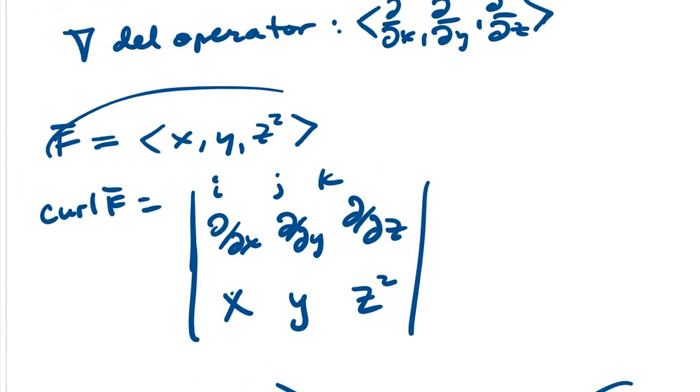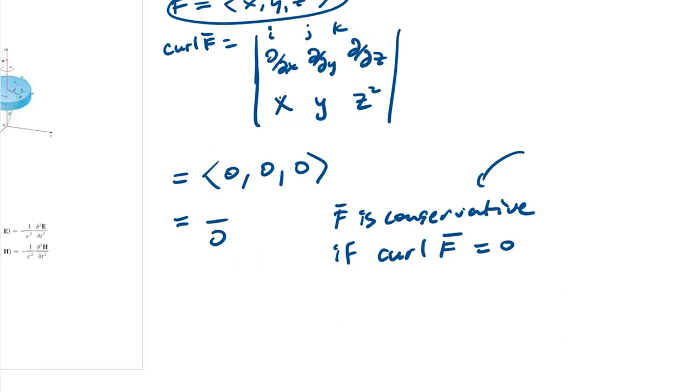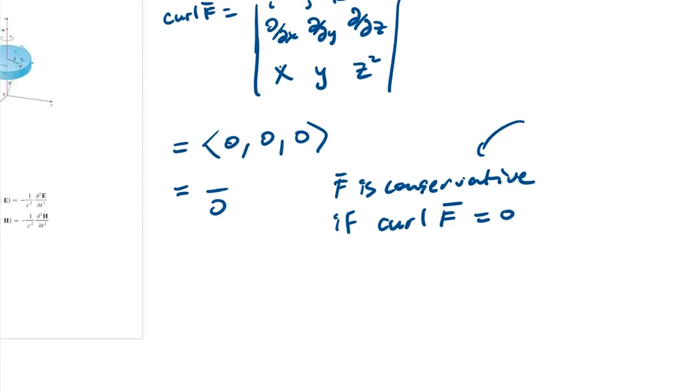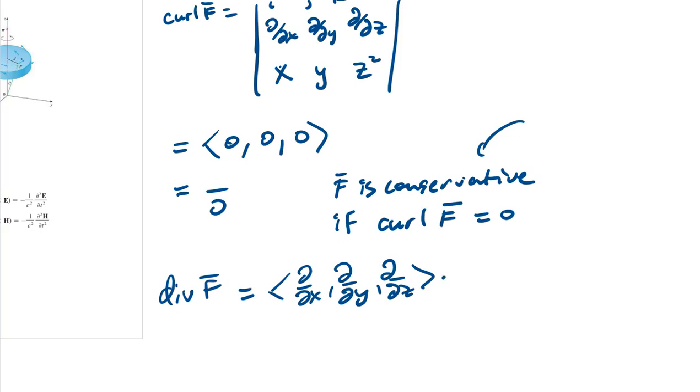the divergence of this vector field, x, y, z squared. So the divergence of f is going to be that gradient operator, partial with respect to x, partial with respect to y, partial with respect to z, and then we're going to dot that with x, y, and then z squared. So it's not a vector, it's going to add them.